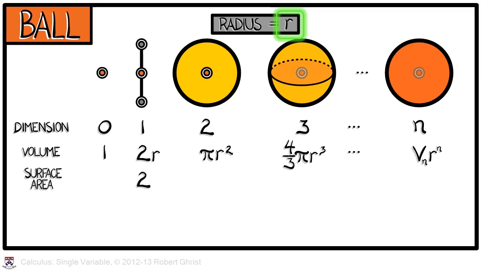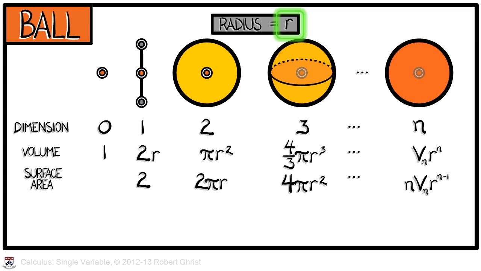The surface area is what? Well, in the one-dimensional case, it's 2. In the two-dimensional case, we're looking at the circumference. That's 2 pi r. In the three-dimensional case, the surface area of the ball is 4 pi r squared. Do you see a pattern? Yes, it's related to the derivative.